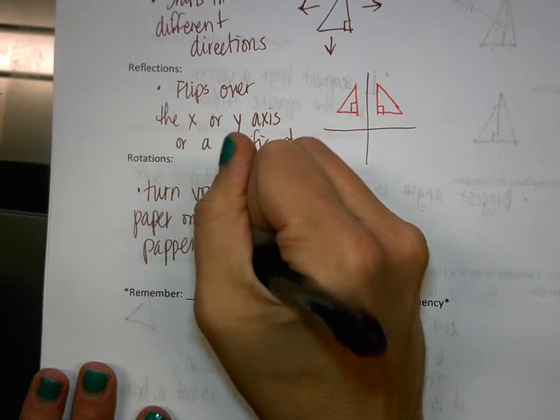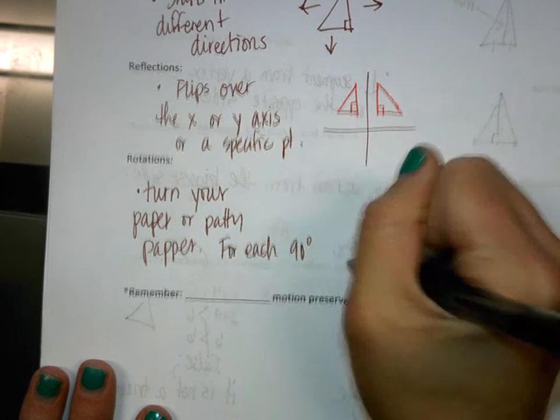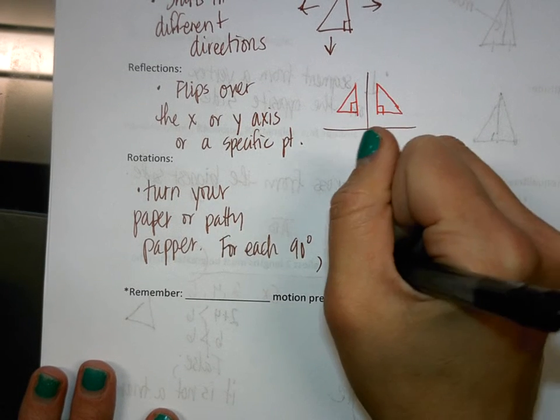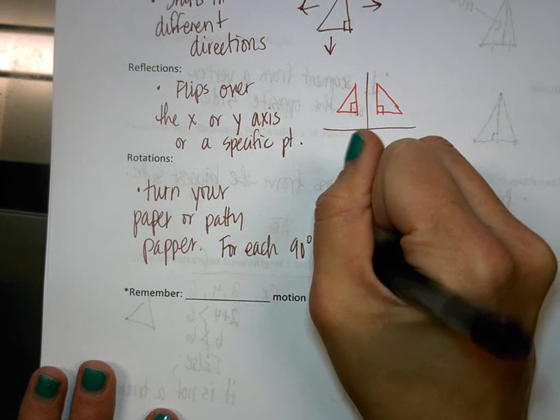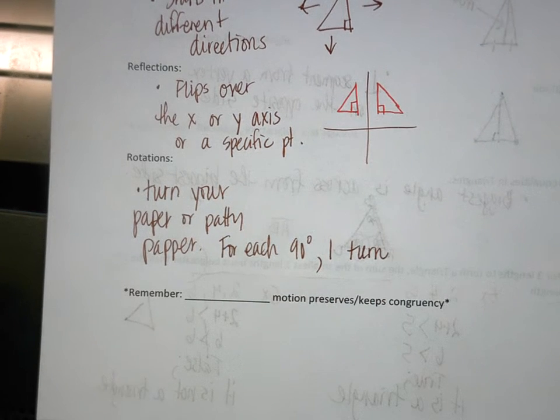And then remember, for each 90 degrees, one turn. So if you had 180, you would end up turning it how many times?